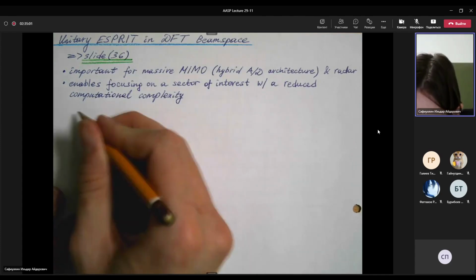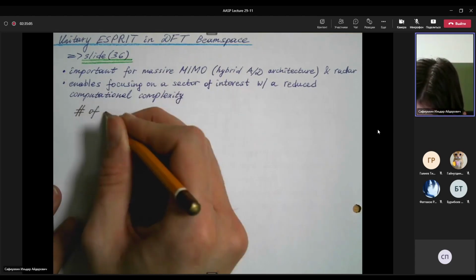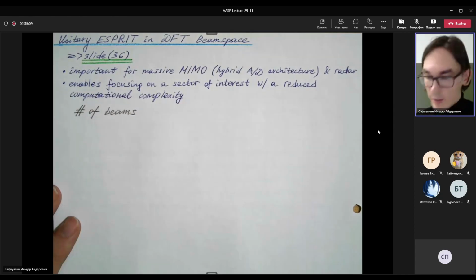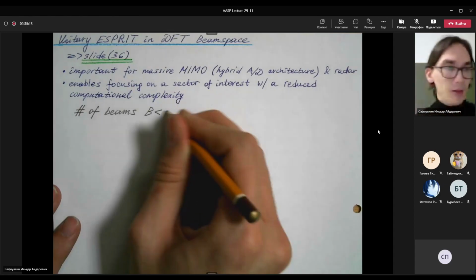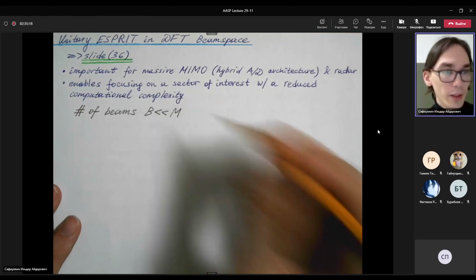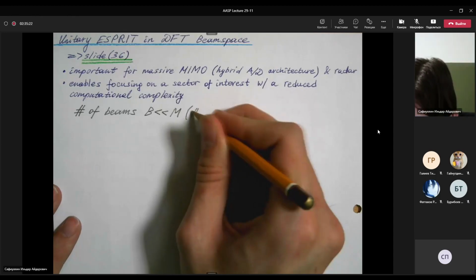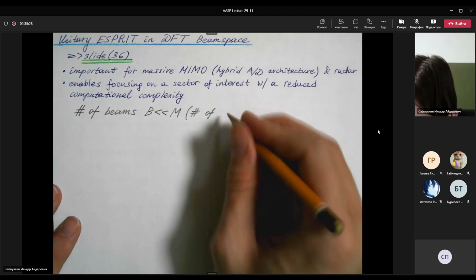So here the number of beams, which is denoted as capital B, is much less than capital M, where capital M is the number of antennas.